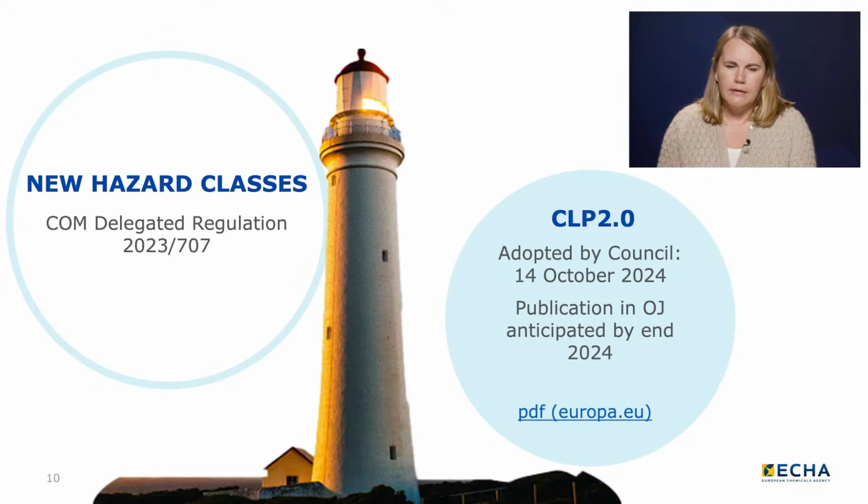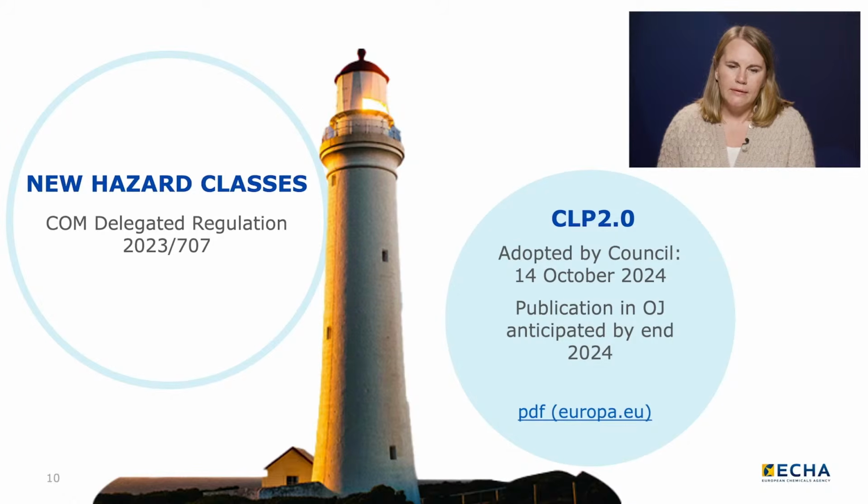The new hazard classes for ED and PBT-PMT were introduced to CLP through a Commission Delegated Act which was adopted in April 2023. The need to establish a legally binding hazard identification of endocrine disruptors and PBTs, PMTs is highlighted in the Commission's Chemical Strategy for Sustainability towards a Toxic-Free Environment.